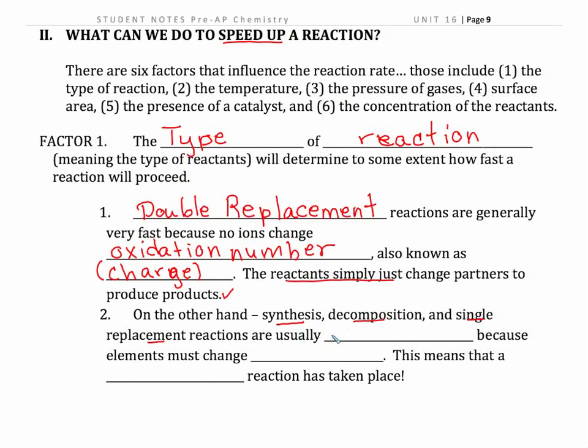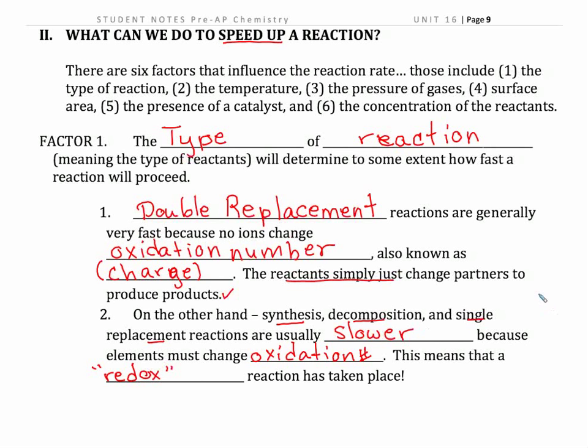So that's pretty quick. Now, most of the others, a synthesis, decomposition, single replacement, almost always, not always, but almost always involve the exchange of electrons. They change oxidation number. Way back when we talked about this, we called them redox reactions, and these are usually much slower.